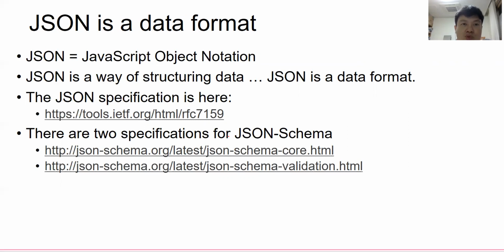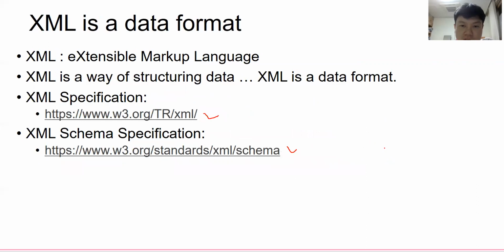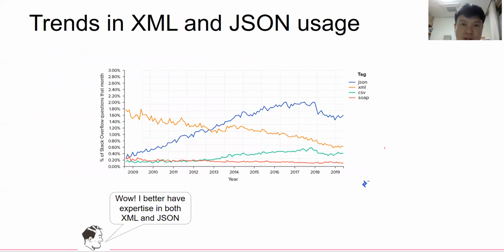It's also a way to structure data. And there's also another specification, and you can make the schema. If you have a database, you can make the schema. JSON is also the same, you can make the schema of JSON. And for XML, you can also make the schema. So we will learn those things in this chapter.